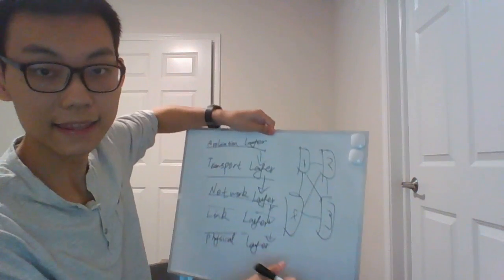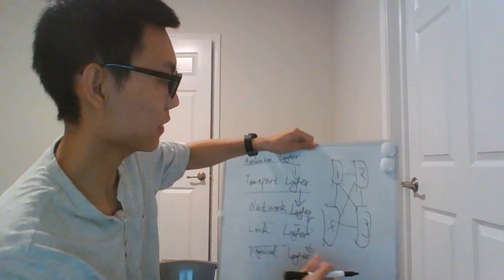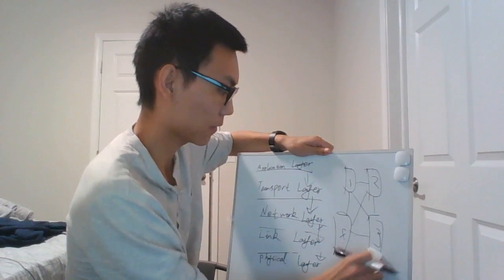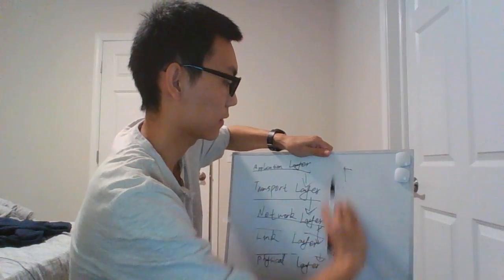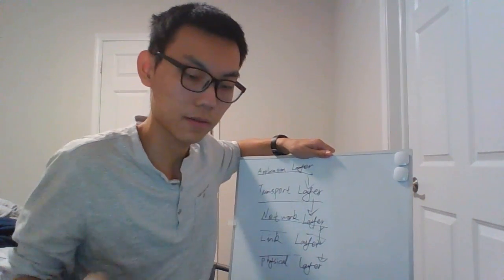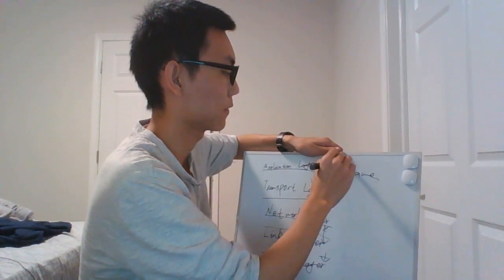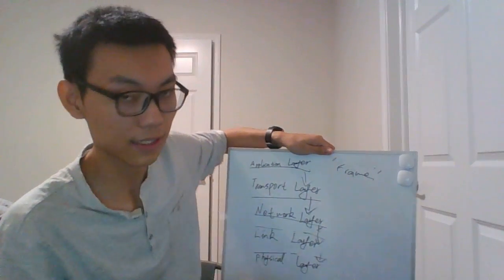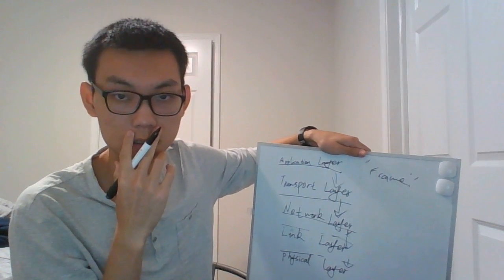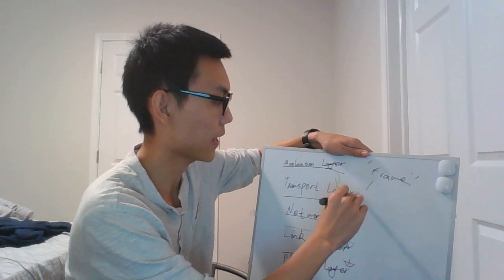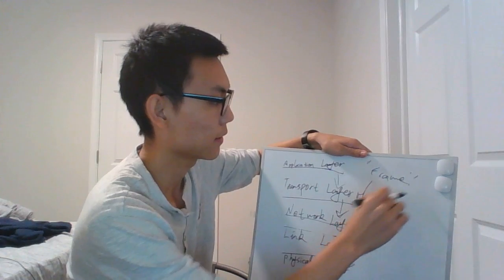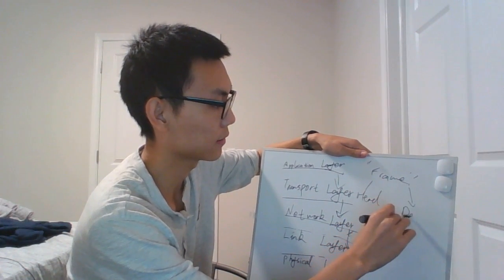On Ethernet, the name of the packet is called a frame. It contains 2 different parts, the head and the data.